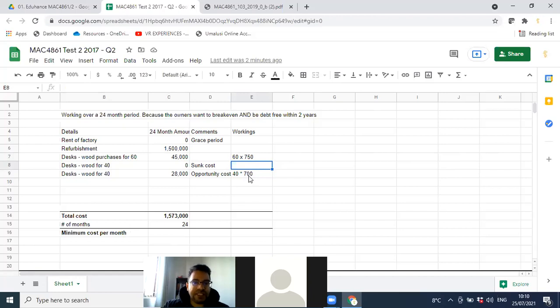In this case, it is best to forego the sale because he's only getting 700. If he gets 700, he needs to go buy more wood and pay 750, so it doesn't make sense. But what if the person was willing to pay him 800? Then he would rather take the sale, get the 800 rand and pay 750 for the new wood. So just be very aware of that.